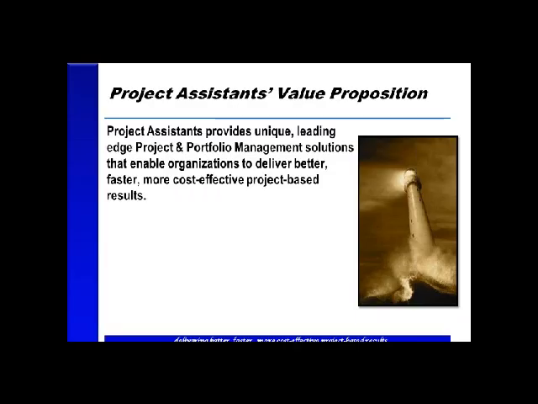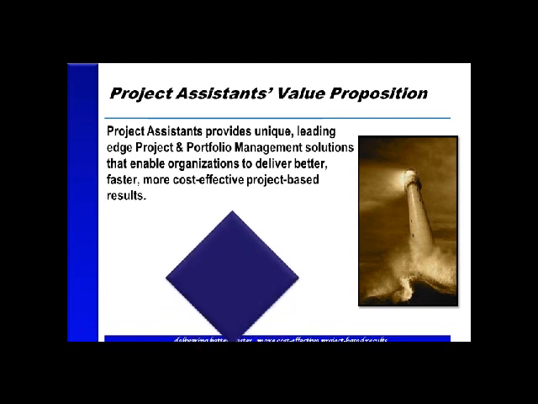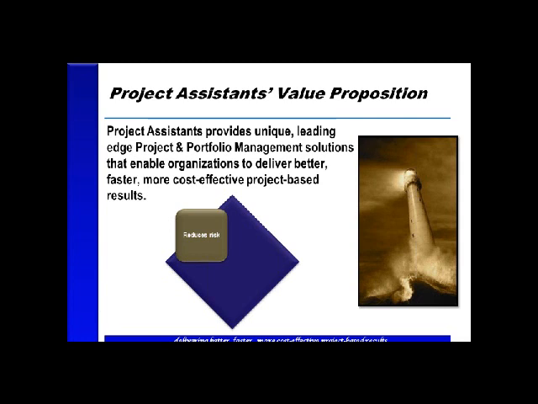What do we do? Well, our value prop is just what it says on the bottom of the slide, right? To deliver better, faster, and more cost-effective project-based results. So we provide unique leading-edge portfolio and project management solutions based on those three columns I just talked about, and the whole idea is to do that in a way that makes the organization want to move forward. Organizations don't like to do this stuff because it's risky.